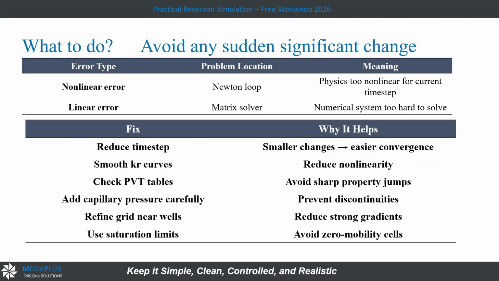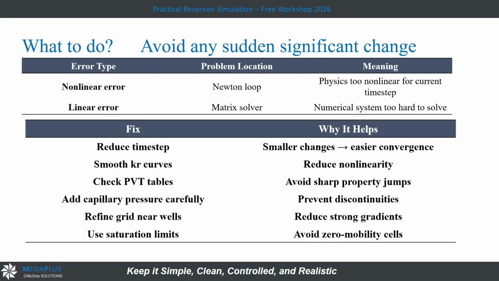That's why I'm telling you, make it smooth. How do you make it smooth? Reduce your time steps as much as you can, smooth the relative permeability curve, check the PVT tables, check the capillary pressure too, and refine the grid near wells. If you have a coarse grid around the perforation, the interface between the cells and the perforation could give some errors in the calculation.